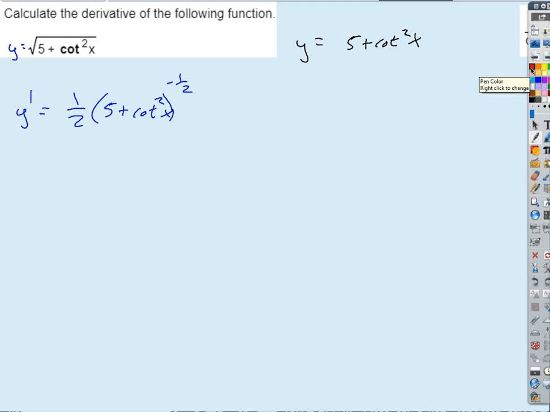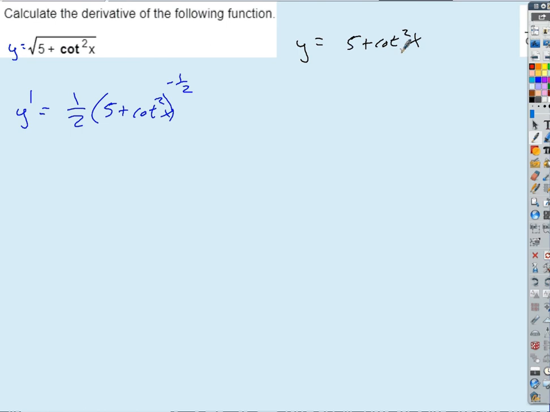So Hannah, what's gonna be the derivative of the next layer? Derivative of 5 plus cotangent squared x. Derivative of 5 is? Yeah. 0, okay, good. And then what do I got here? Which layer am I differentiating here, the cotangent or the square? Square, okay.